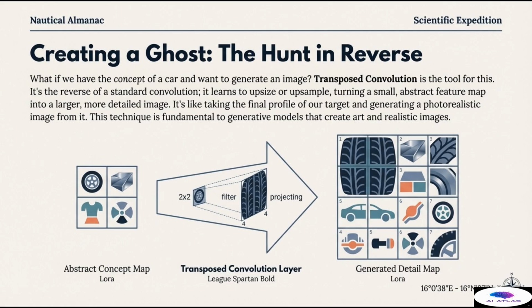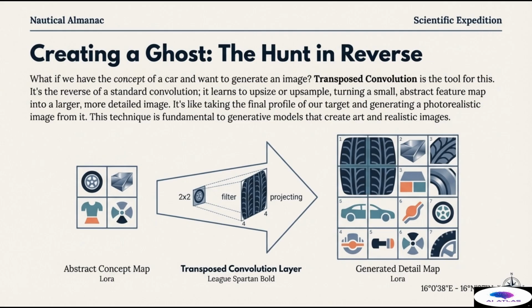Instead of downsampling and reducing feature maps, it learns how to upsize or upsample the input, turning a small, abstract feature map into a much larger, more detailed image. It takes a high-level concept, represented by a small grid of abstract features, and spreads that information out, mapping it onto a larger grid and filling in the necessary detail.